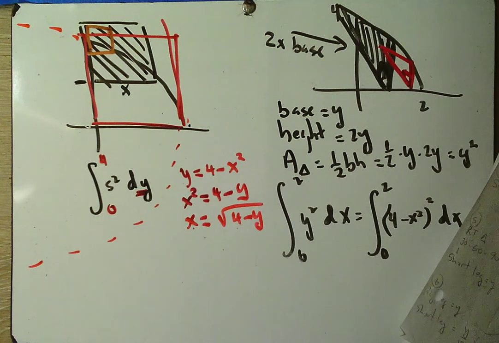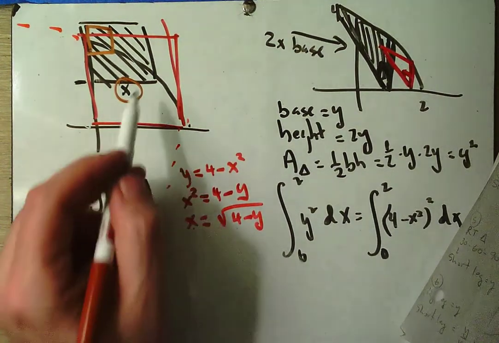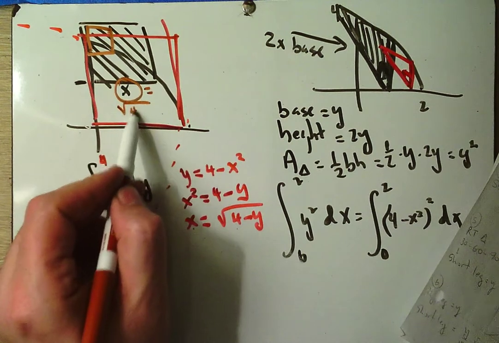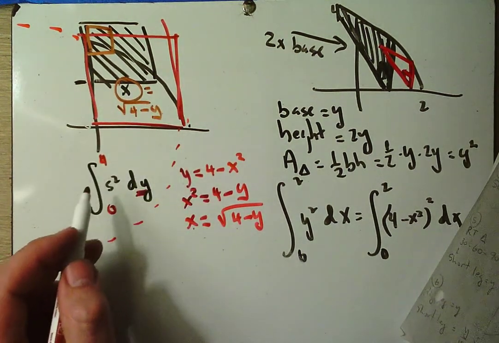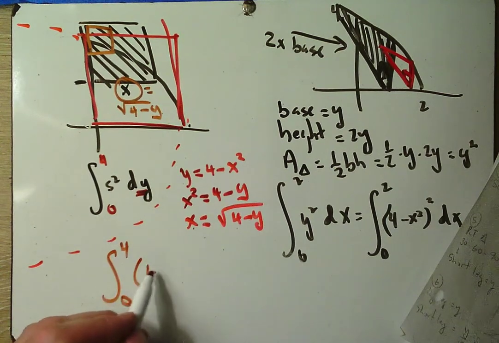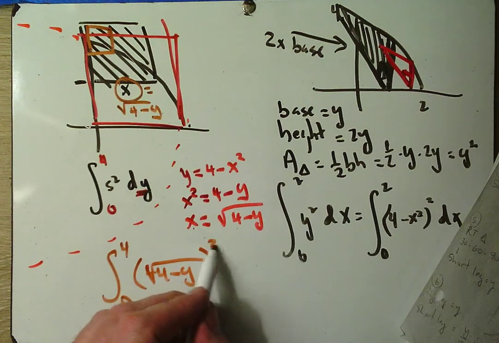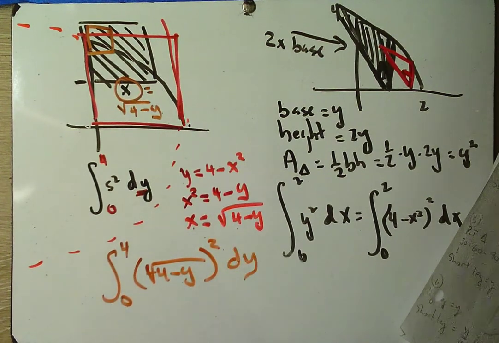Okay, remember we said we were integrating area here, and the area of a square is side length squared. For us, the side length we said was x, which now we understand is the square root of 4 minus y. So I'd be integrating from 0 to 4 of (square root of 4 minus y) squared dy. That might bear doing, huh?